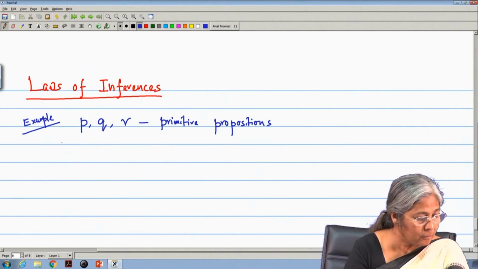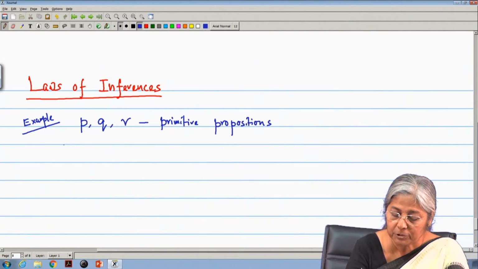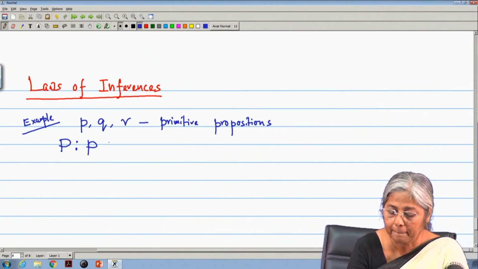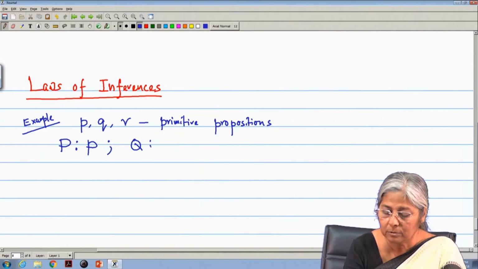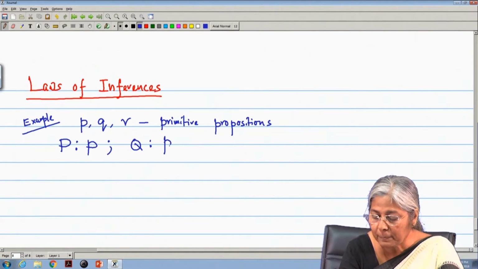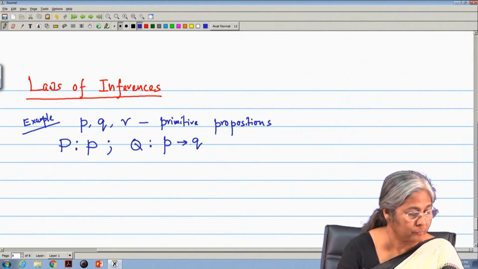And we have two compound propositions. Let capital P be p only and compound proposition Q be p implies q.